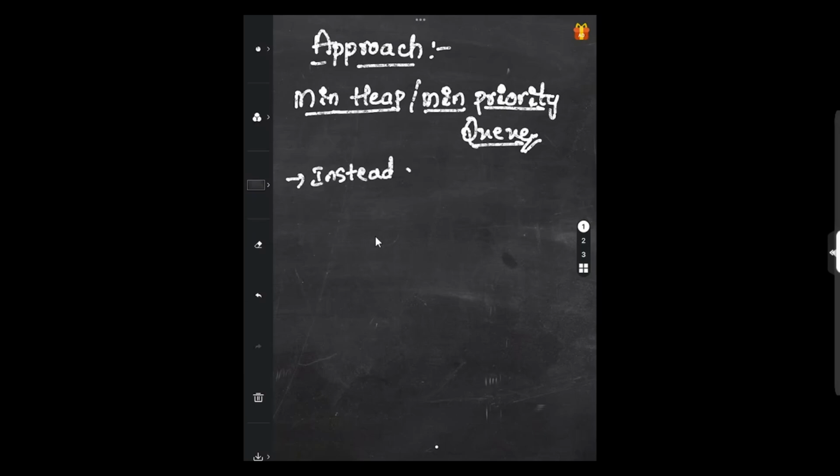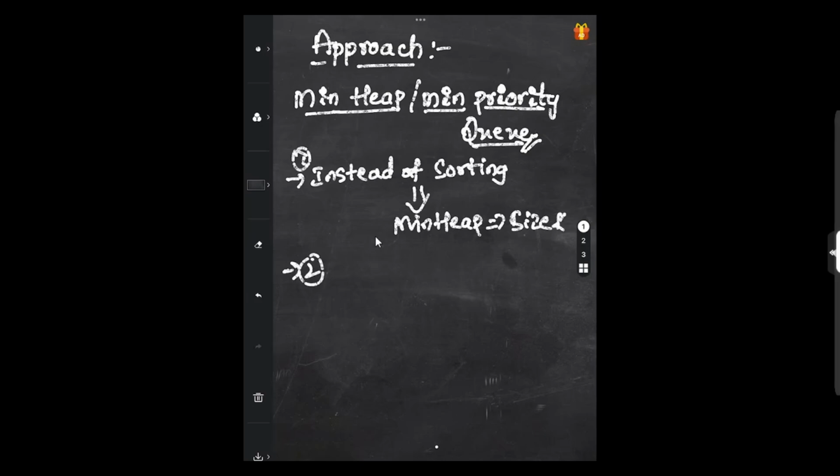Instead of sorting, we can just go with the min heap of size k, right? This is the first thing. The second thing is that a min heap ensures the smallest element is always at the top. That is the reason we'll be making use of the min heap.